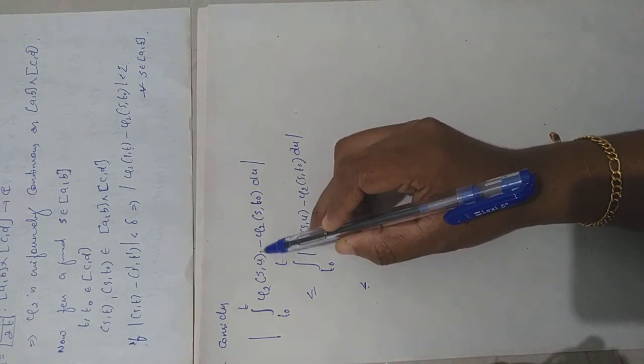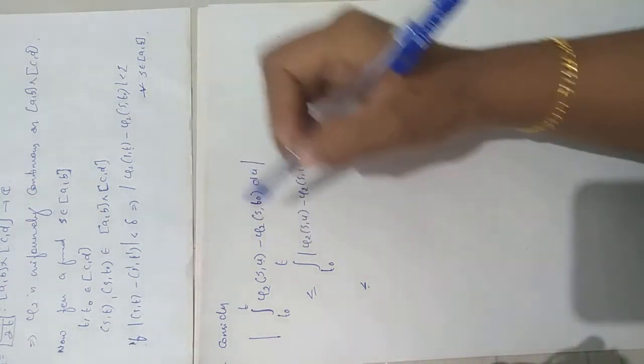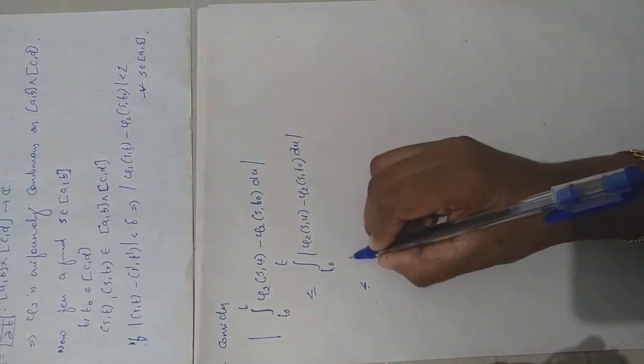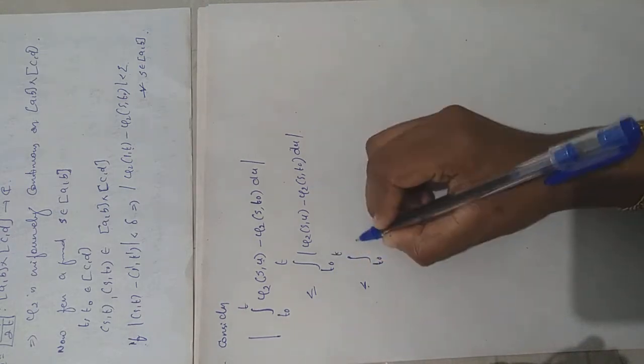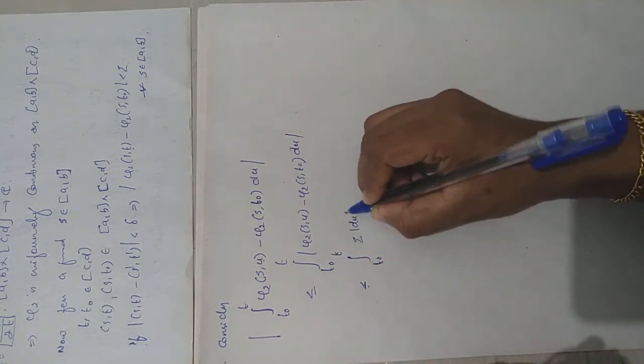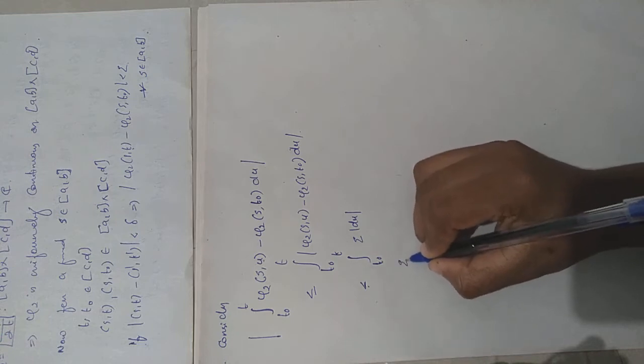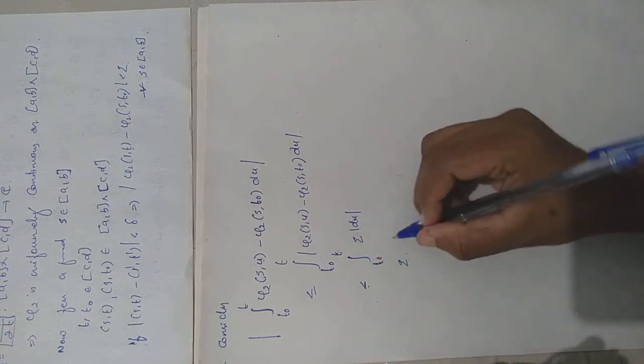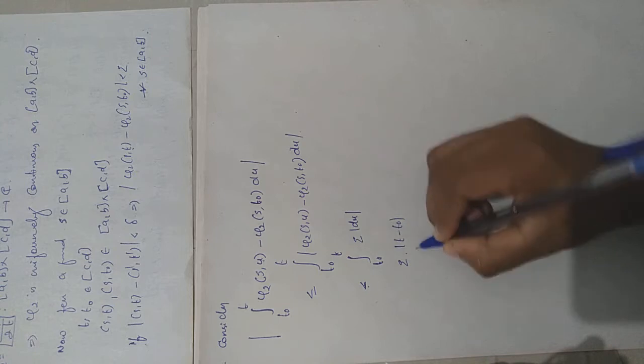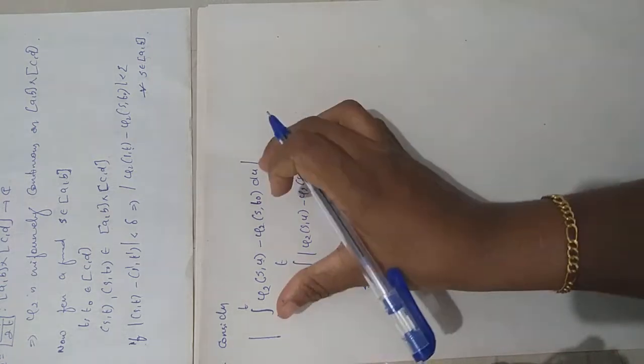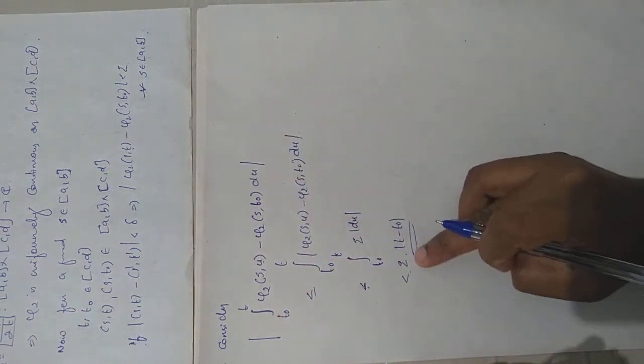Only the variable has been changed. So the integral from t naught to t has modulus value less than epsilon times mod du. Epsilon can be taken outside, and the integral of mod du is mod t minus t naught. So the modulus of this integral is less than epsilon times mod t minus t naught.